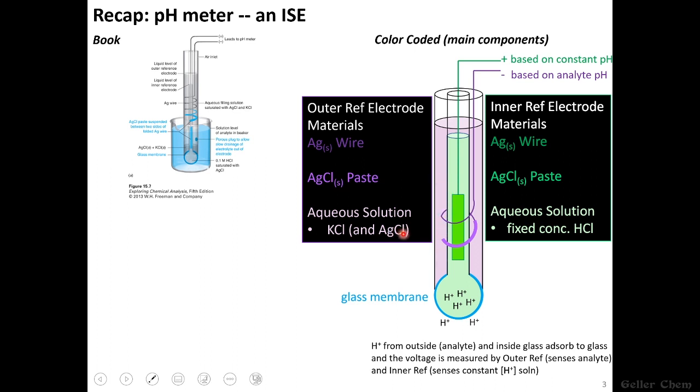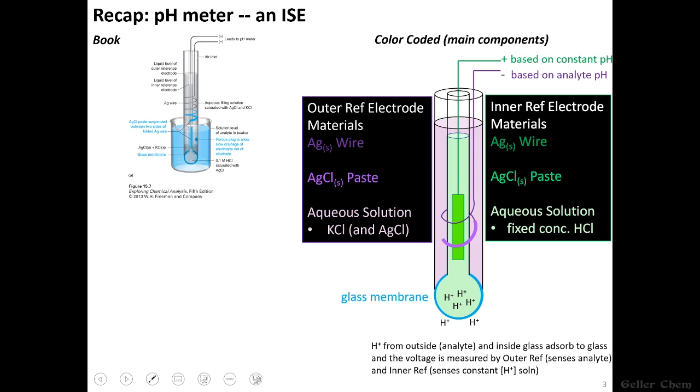There's also some AgCl dissolved in solution coming off of this paste, but we're not going to be concerned with that. What matters to us isn't so much what's contained in this solution, as what it's ultimately in contact with. We can see from this picture that this pH probe is put in some analyte solution, presumably with some proton concentration that we are interested in knowing.